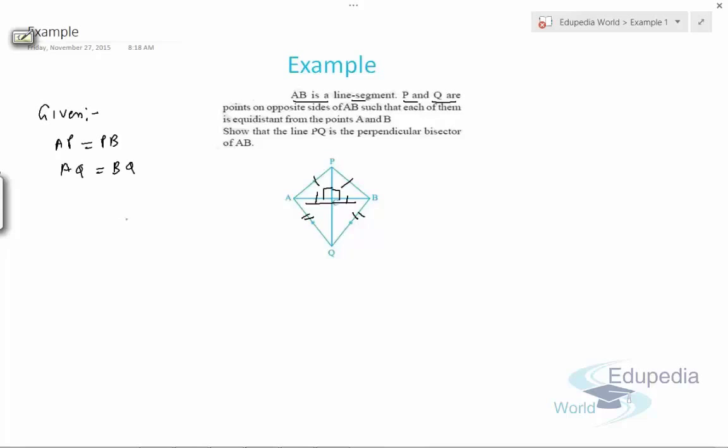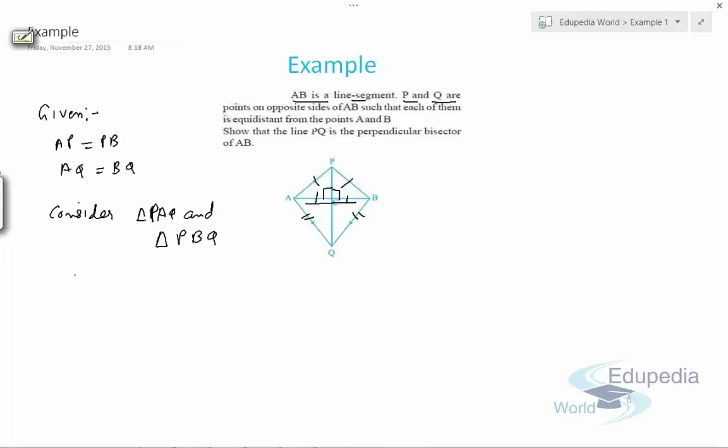First in this question we need to consider triangle PAQ and triangle PBQ.